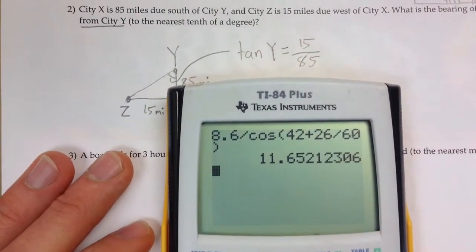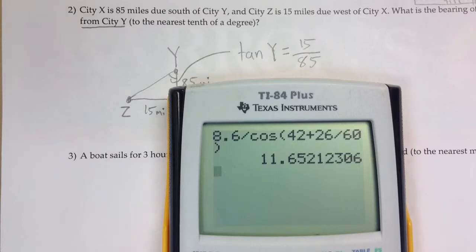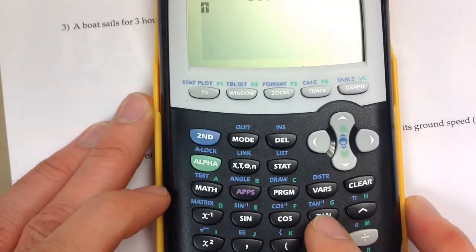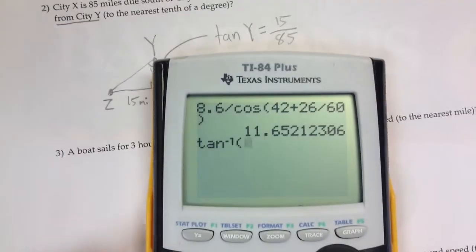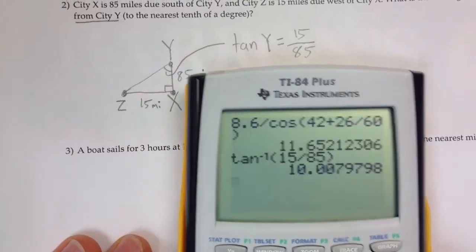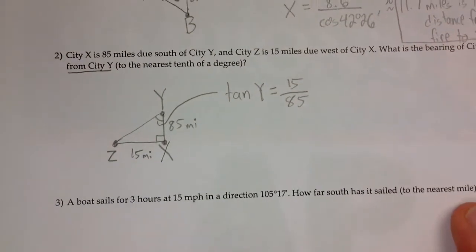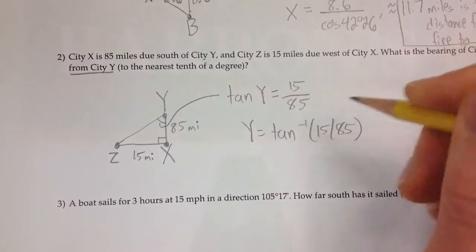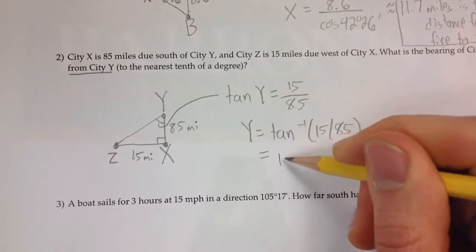Anytime you want to find an angle in trig, I would say use an inverse trig function. Second tangent in this case of 15 over 85. You're undoing tangent. And when you undo tangent, you get 10. That's an angle. It's in degrees because my calculator is in degree mode. No need for protractor. No need for ruler.